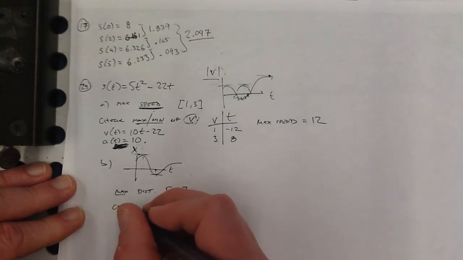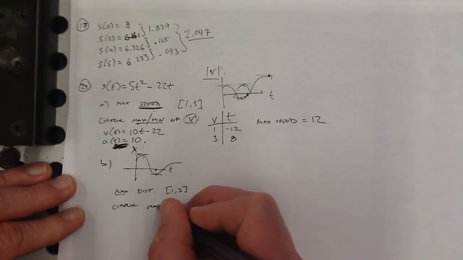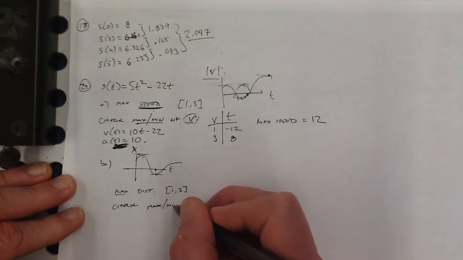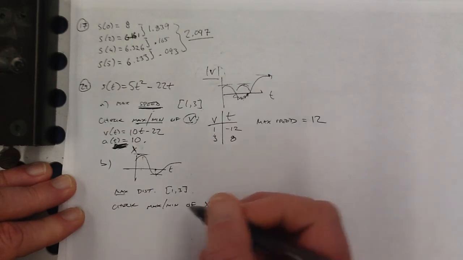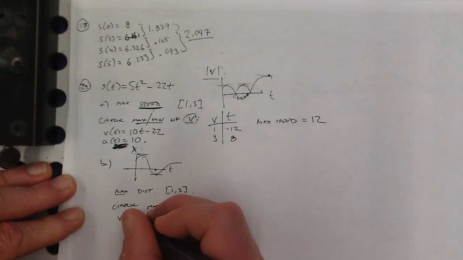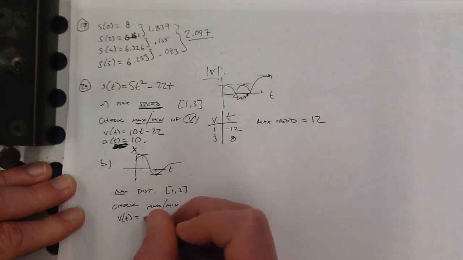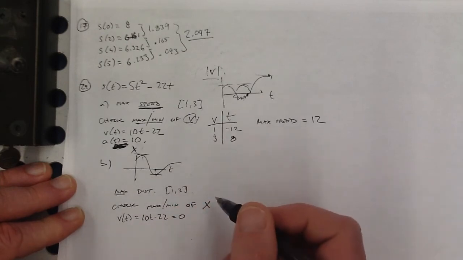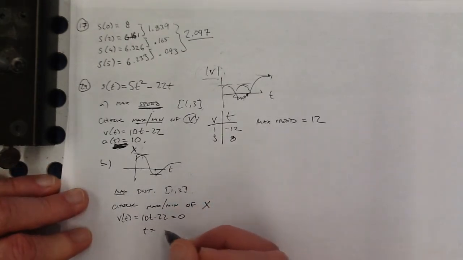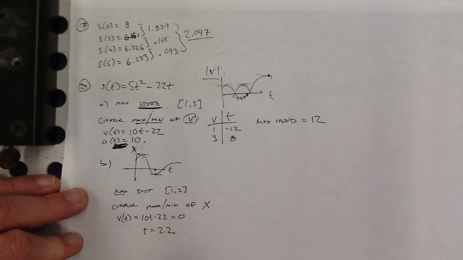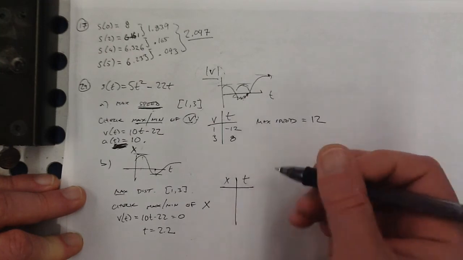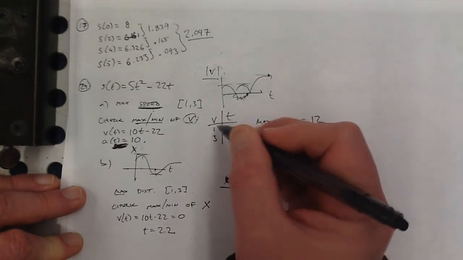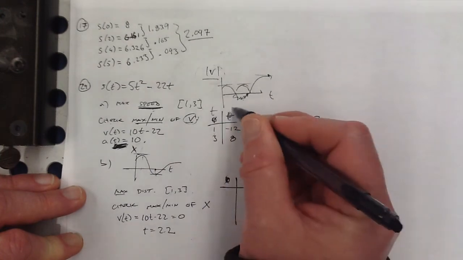So now we want to check the maximums and minimums of position, which means that I'm going to set the velocity equal to 0, and that's going to happen at 2.2, which is in that interval. So now I need to see what my positions are at, oh, we did those backwards there too, sorry.